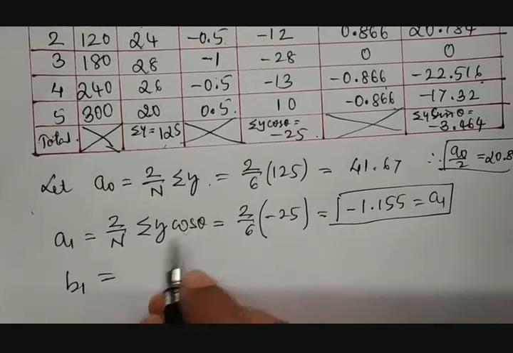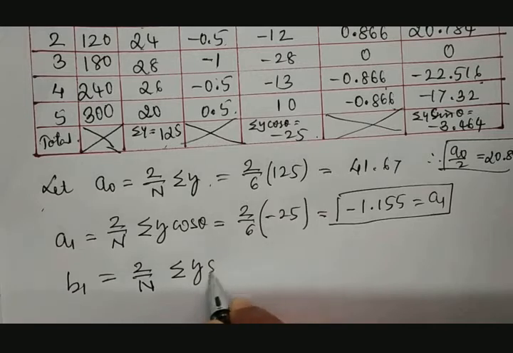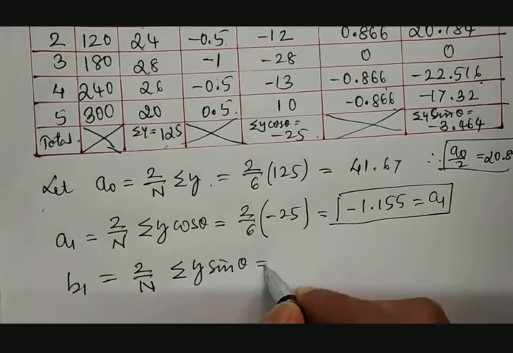b1 is equal to 2 divided by n into summation of y sin theta.